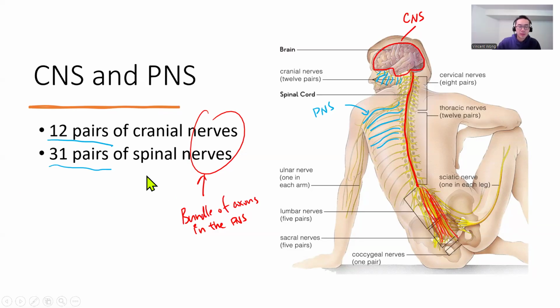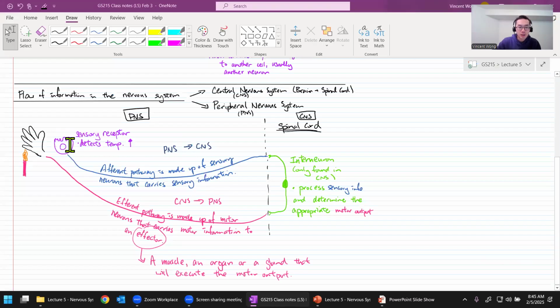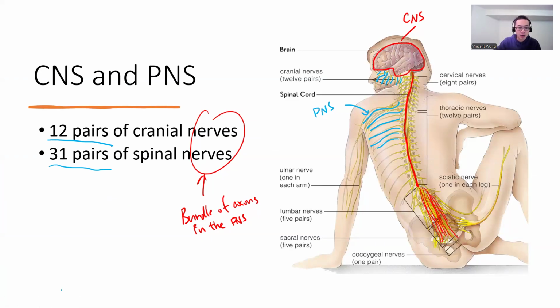Now, what do they do? These spinal nerves are going to be a combination of sensory neurons and motor neurons. They take information to and from the central nervous system. As an example, if you touch something hot, like I told you last time, the information will go up the sensory neurons.